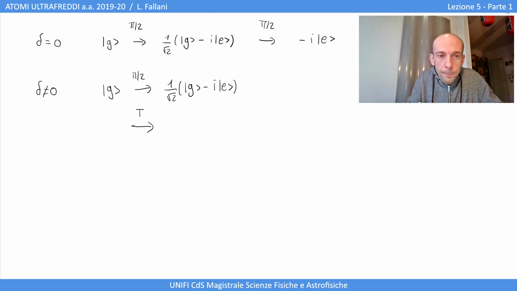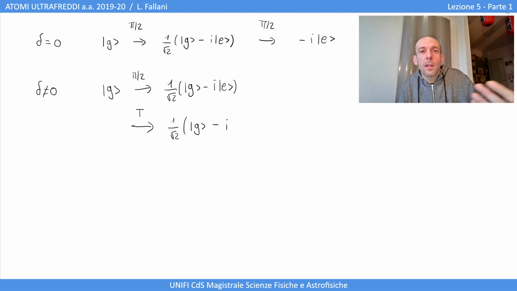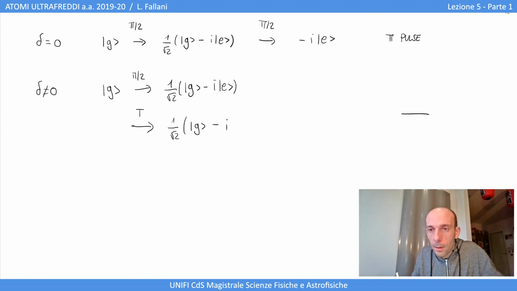of this state, apart from a global phase factor that I can neglect, will be given by the phase factor that is the free evolution for an eigenstate of a two-level system. So again, let me recall that we are dealing with two quantum states with an energy difference that is h bar omega 0.